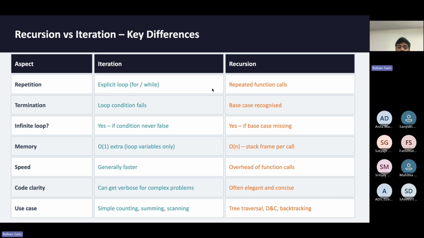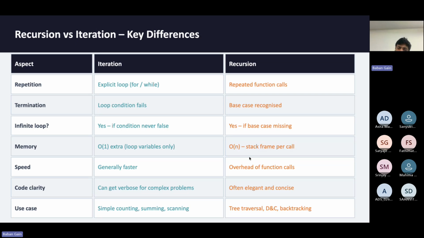In iteration, you don't really need extra memory except for int i equal to 0, i less than n, i plus plus. So in this case, you need just the i. But in case of recursion, you need the memory because everything is getting stored in the memory stack. So there is memory overhead.